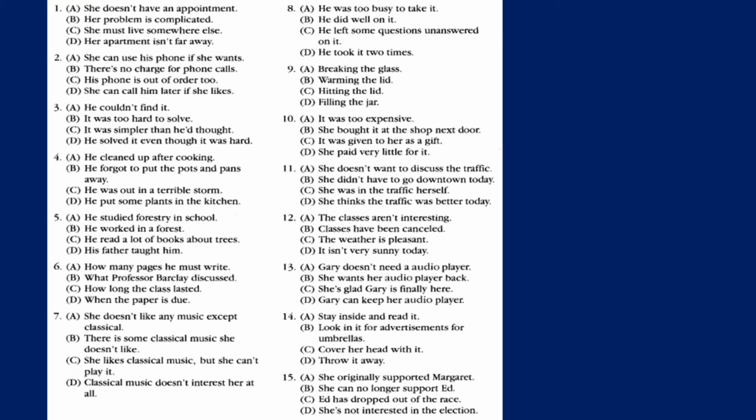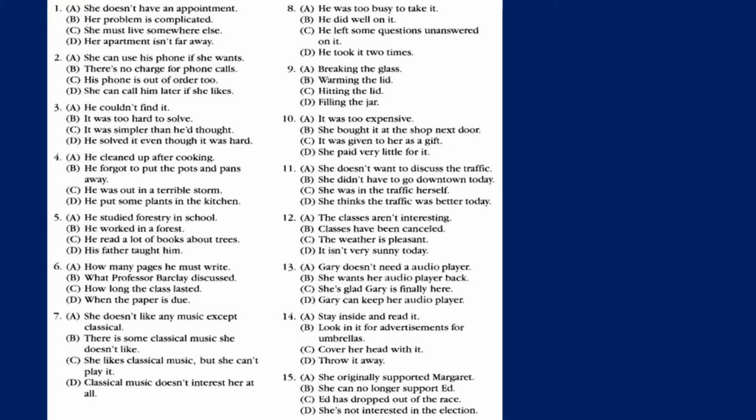Number 14. I'm going to make a run for it. You don't happen to have an umbrella I can borrow, do you? No, but here's a newspaper. What does the man imply the woman should do with the newspaper? Number 15. I think Ed is the best choice for president of the student assembly.